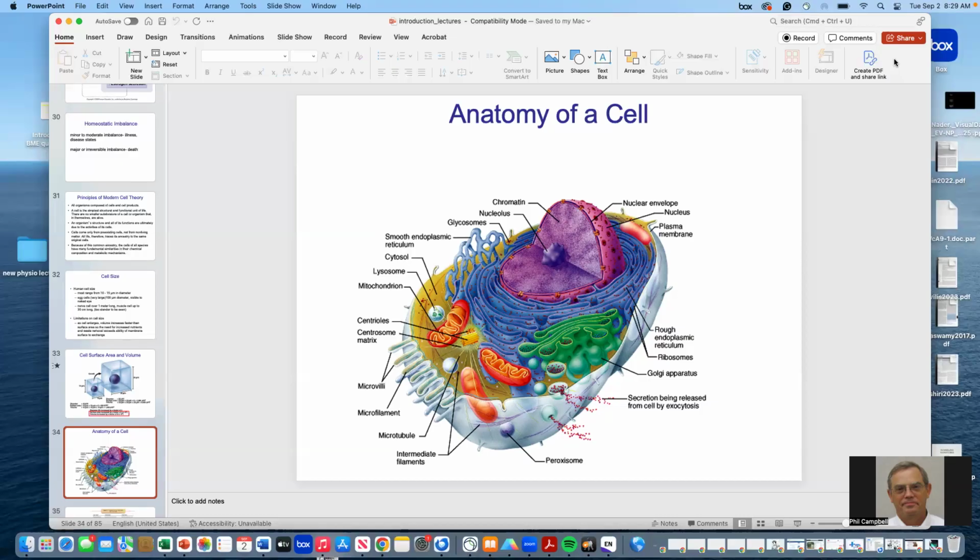Whereas every cell will have a membrane, not all cells in the human body will have a nucleus. There are cells in your body that do not have nuclei. So in mammals, your red blood cells, your erythrocytes, do not have a nucleus.